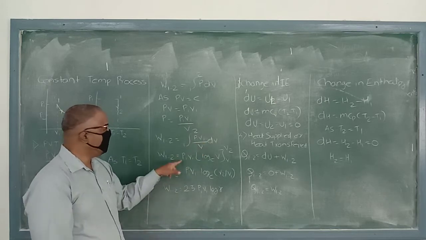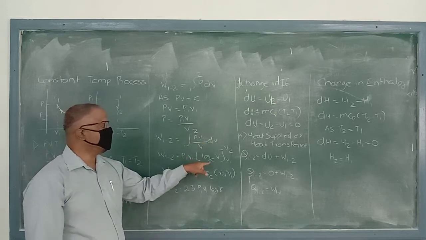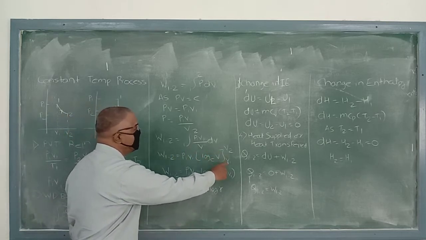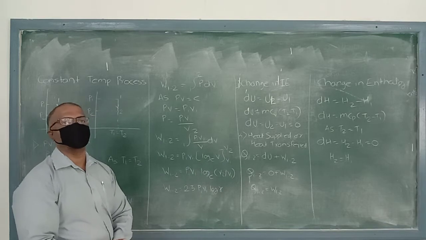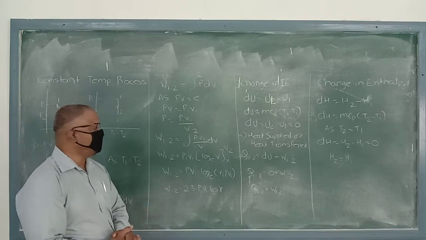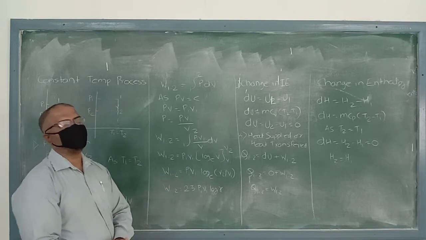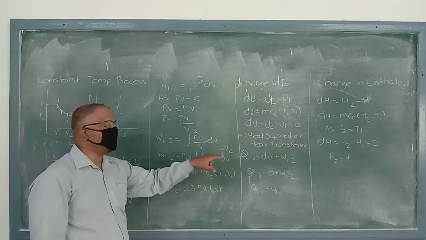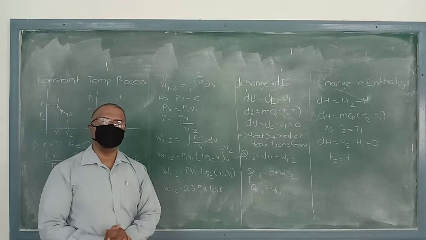So we get P1 V1 log to the base e V, and we substitute the limits V1 and V2. After substituting the limits, it becomes log to the base e V2 minus log to the base e V1.